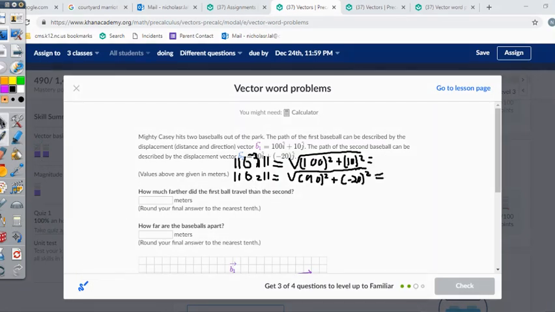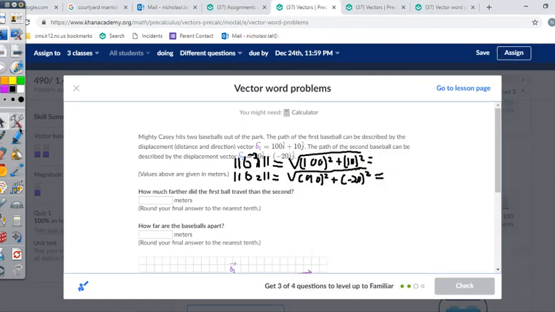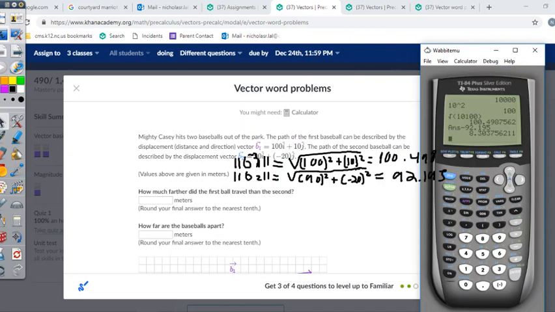With your calculator, that's going to be 100.498 minus 92.195, and that's the magnitude of B1 and B2. How much farther did the first ball travel than the second? That's just subtracting the difference, and in this case the difference would be 8.3.